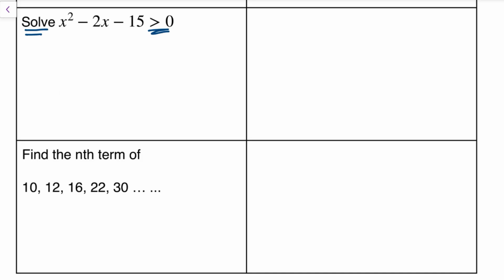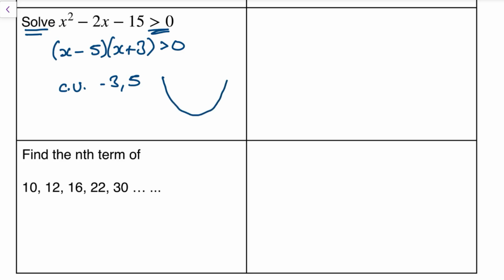So let's just delete this first, so I've got some space. So I can factorize this to be x minus 5, x plus 3. And I'm going to keep this here so I remember to do it, which means my critical values are going to be minus 3 and 5. Which in other words means my quadratic crosses through minus 3 and 5. Now, I want all the values that are greater than 0.